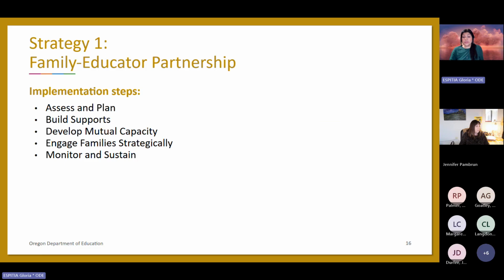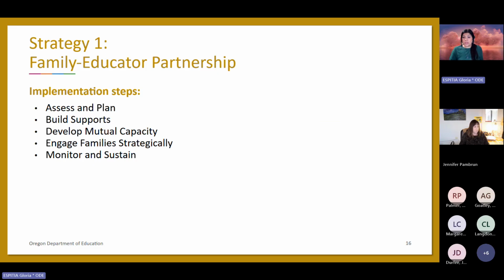So we'll need to secure leadership commitment, ensuring there's resource allocation and systemic structures built out to sustain engagement, as well as providing professional development for educators on family partnerships, cultural responsiveness, and collaborative decision-making. We will need to strengthen skills, knowledge, and confidence for both educators and families to engage effectively.